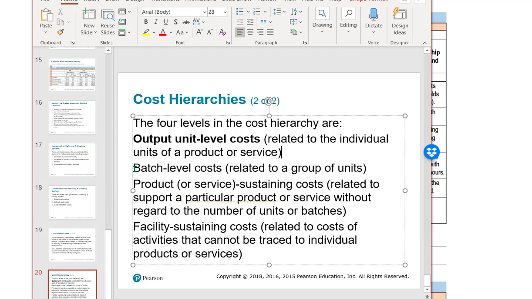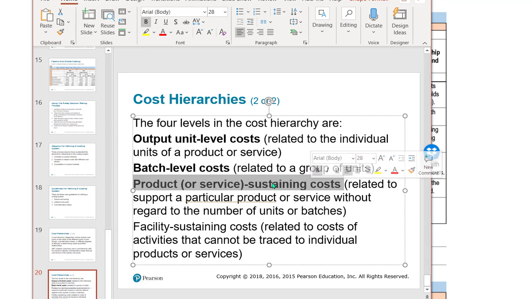Okay, a batch level cost, like setting up a machine. Okay, you set up a machine and then you run a batch of units through it. So that's what a batch level cost would be. Now then we've got product or service sustaining cost. This has nothing to do with the number of units or batches, but it's a product sustaining cost.